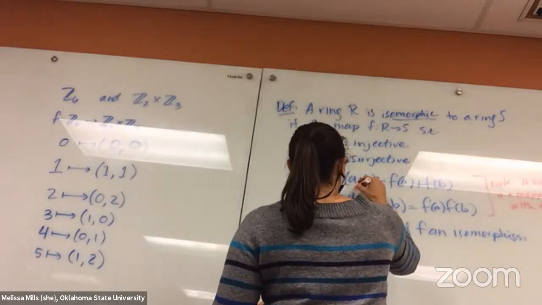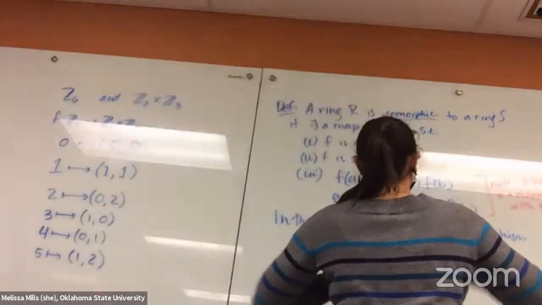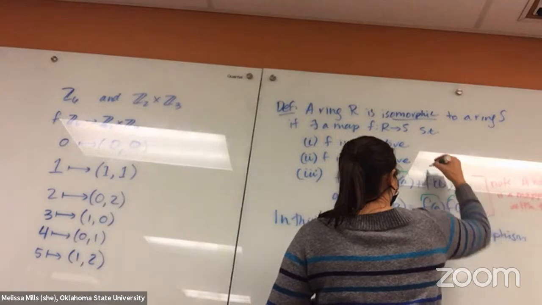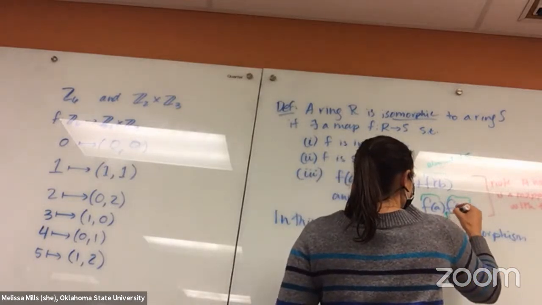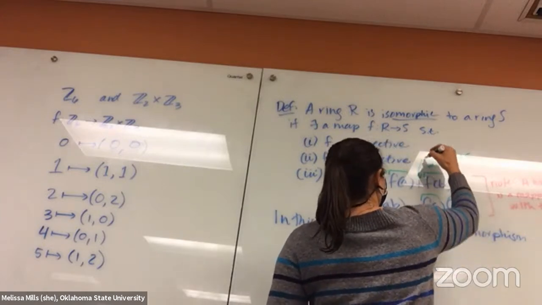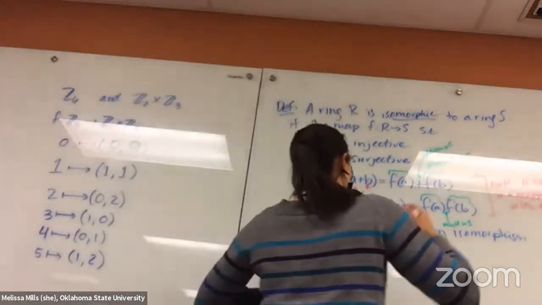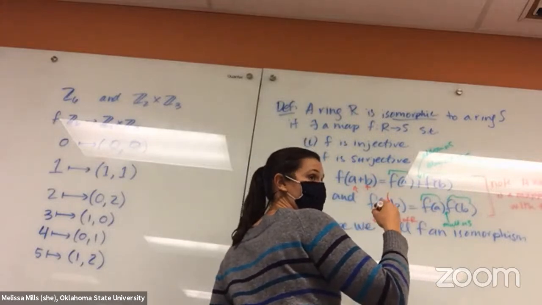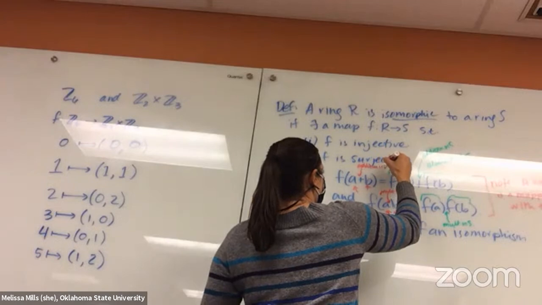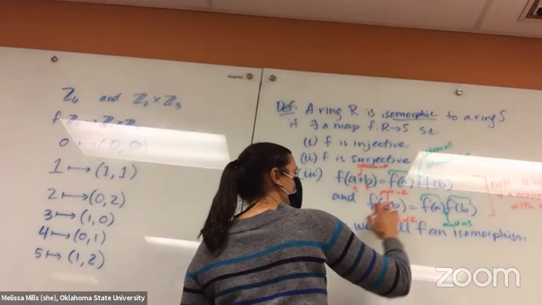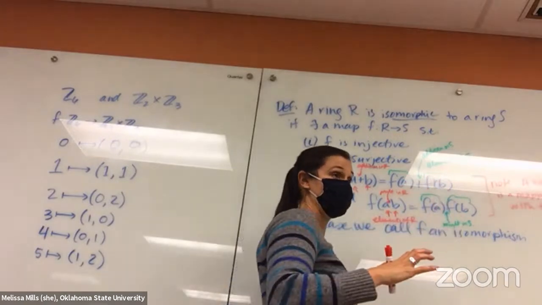These guys are elements of R, and these guys here are elements of S. So those guys are elements of S. And this is multiplication in S, and this is addition in S. And this inside of here is multiplication in R, and then this is addition in R. So on this side, inside here, we're doing addition and multiplication in R on elements of R. And when we go to the other side, we're talking about elements of S and addition and multiplication in S, right?